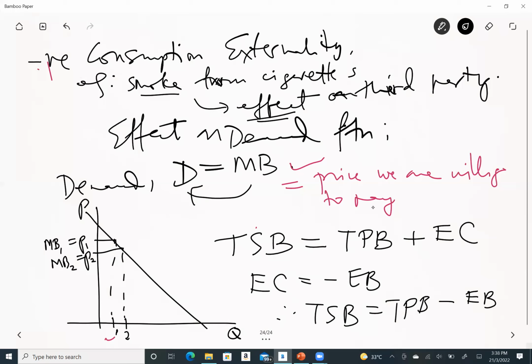So you have the total social benefit equal to the total private benefit minus the external benefit. And in terms of marginal, we have marginal social benefit equal to the marginal personal benefit minus marginal external benefit.